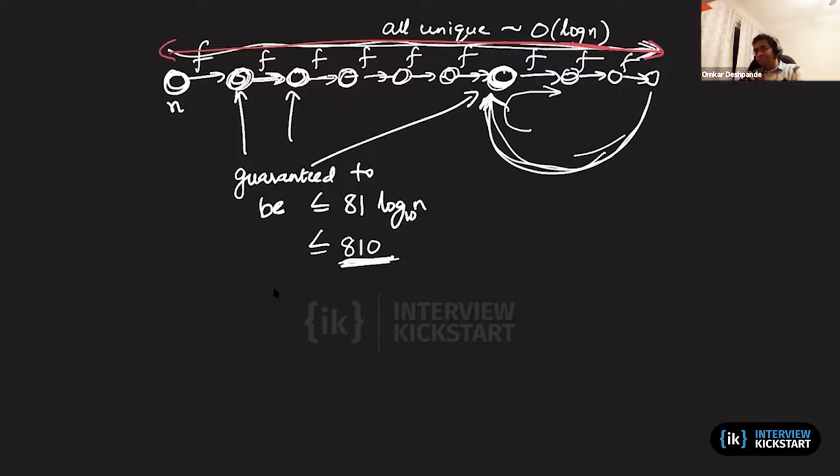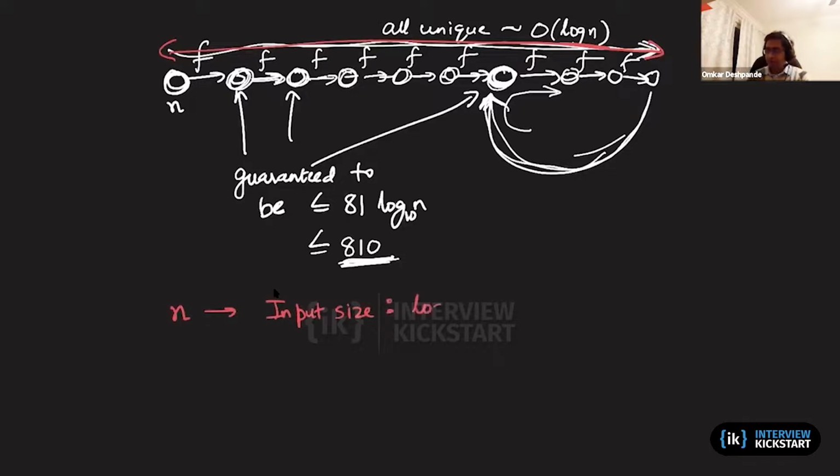Even if your number is 2 raised to the power 31 minus 1, the maximum integer possible, the maximum number of records you will be storing in your hash set is approximately 810. From a practical standpoint, sure, but not from a theoretical standpoint.